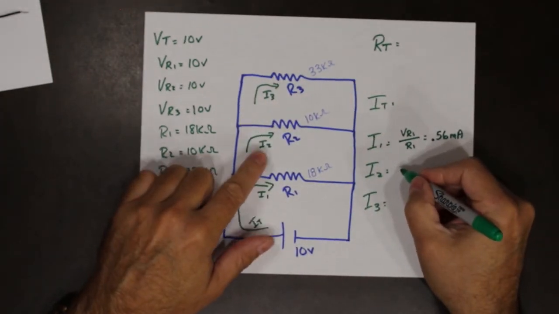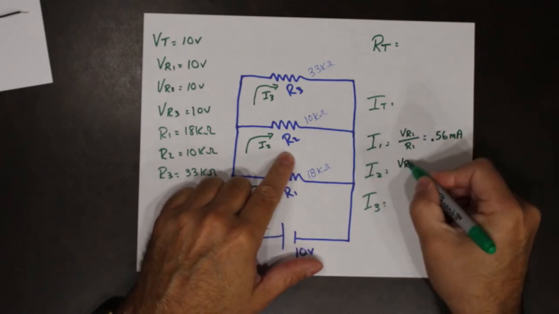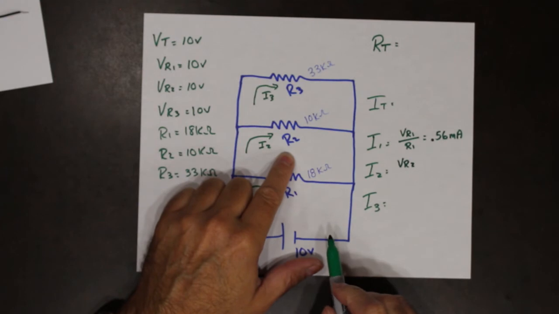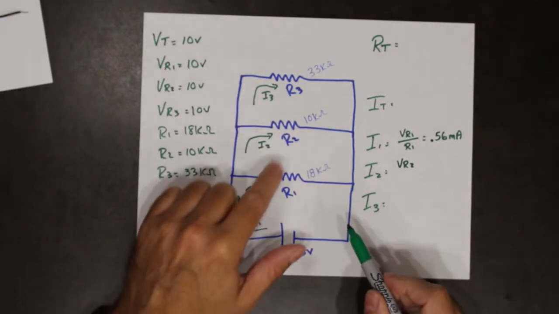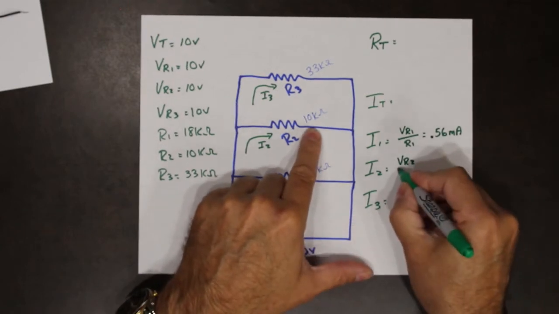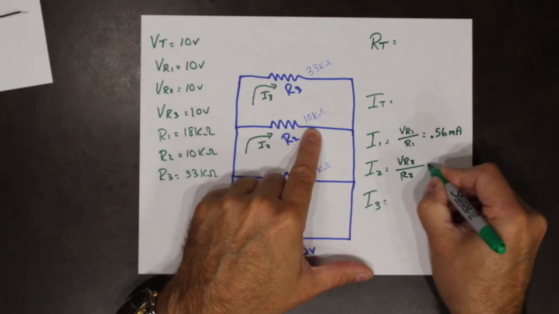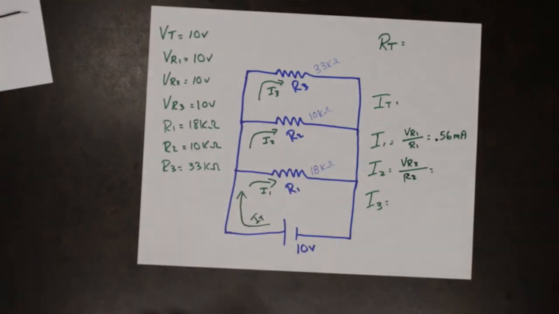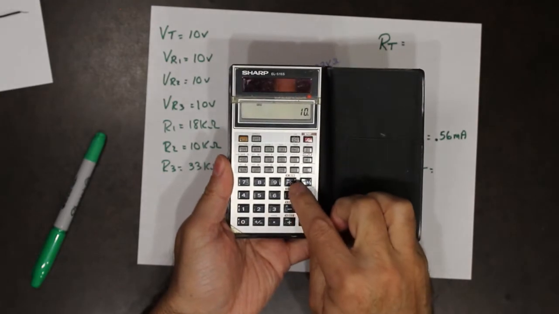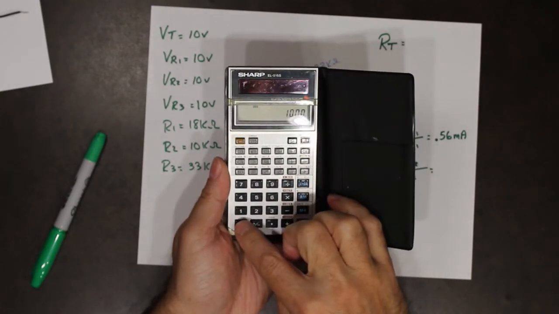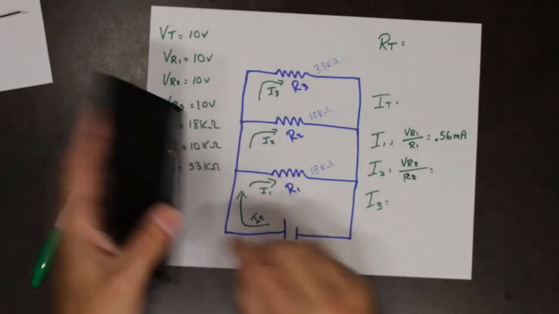I2, we know that the voltage across R2 is equal to 10 volts. And we know that R2 is 10 kiloohms. So 10 volts divided by 10 kiloohms. We have 1 milliamp.